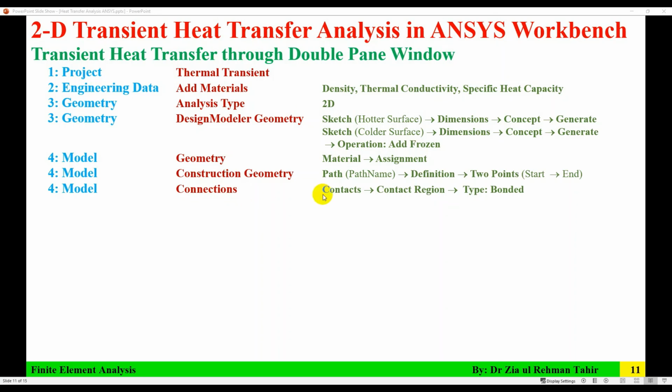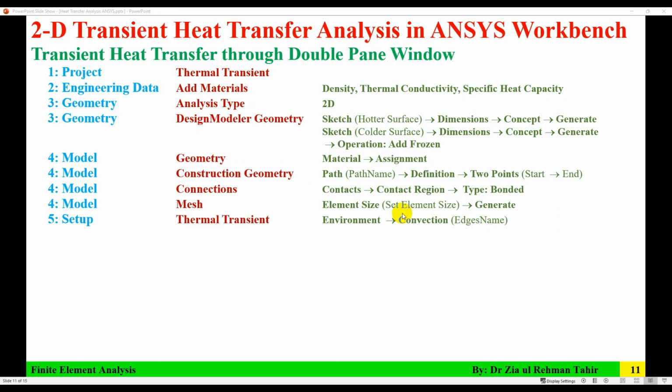And then you need to check connection, and connection type should be bonded for that. And then element size depends upon computation, so you can set that element size. Like I set that element size as 1 millimeter, and then the solution is going to converge, because in both steady state analysis and transient analysis, the results are very much similar to the analytical results.